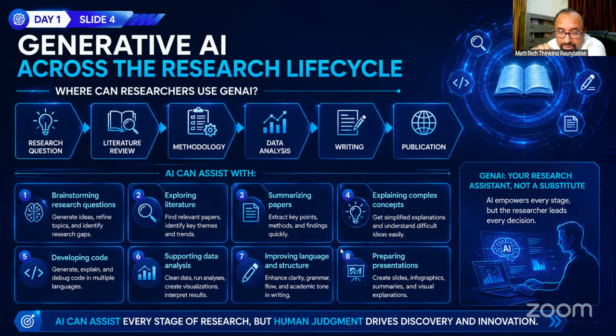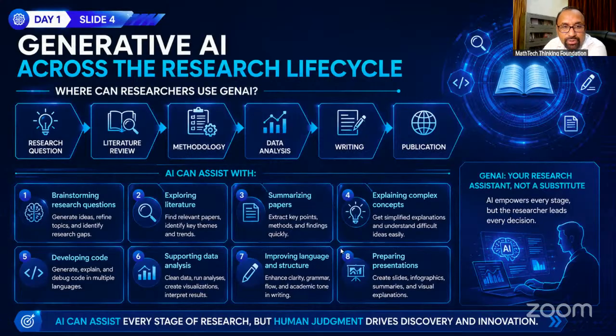During methodology development, AI can help explain the research method, suggest analytical approaches, or provide examples of computational techniques. During data analysis, AI can assist with programming, statistical calculation, visualization, exploratory data analysis, and interpretation.